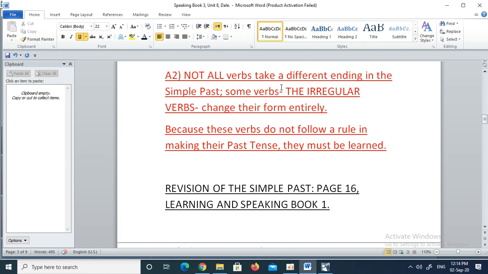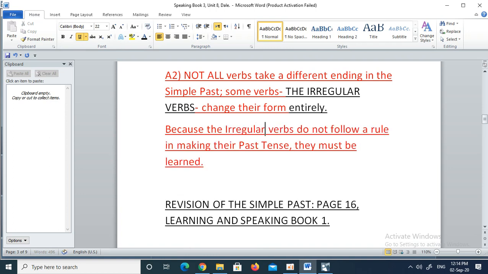Some verbs, the irregular verbs, change their form entirely. Now, because the irregular verbs do not follow a rule when they make their past tense form, they have to be memorized. You have to learn their forms in the present and their forms in the past.